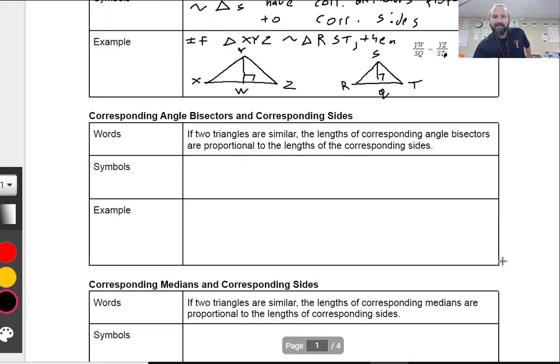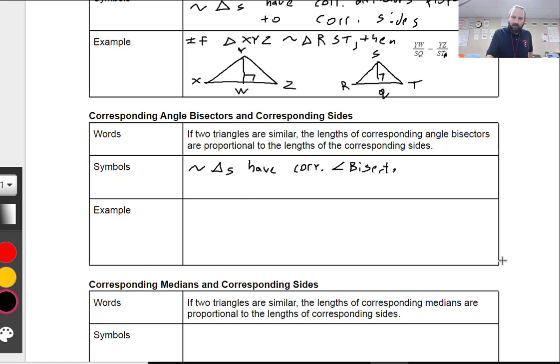Corresponding angle bisectors and corresponding sides. All right, let's draw this out. If similar triangles have corresponding angle bisectors, they are proportional to corresponding sides.